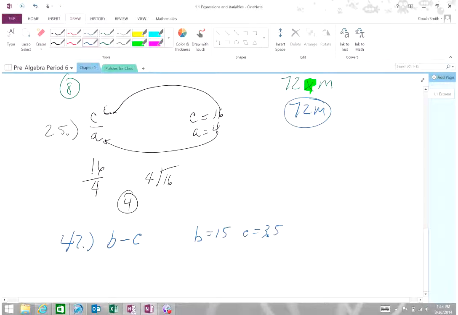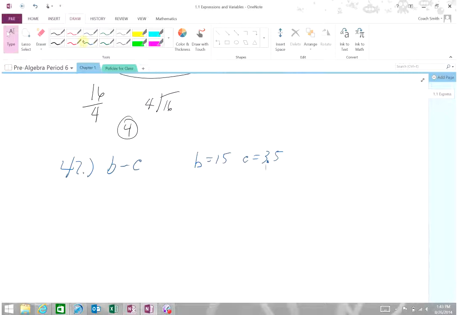So they want us to subtract, then they want us to say 15 minus 3.5. Okay, so that's 15. Where's the decimal in the number 15? After the 5, behind the 5. So 3.5 then lines up like that.